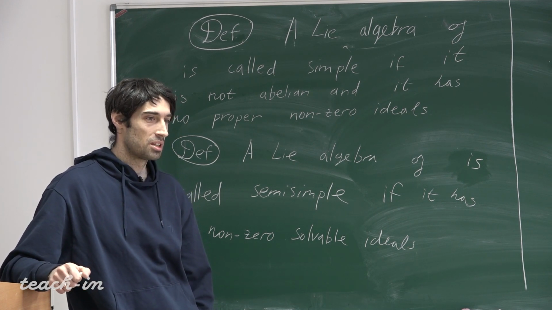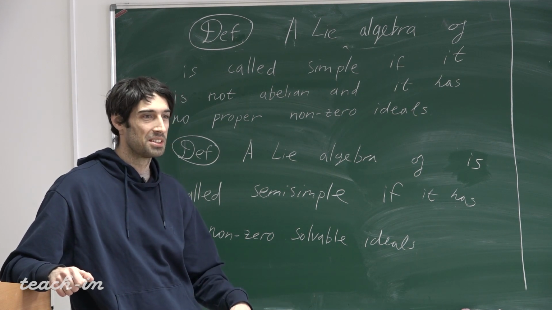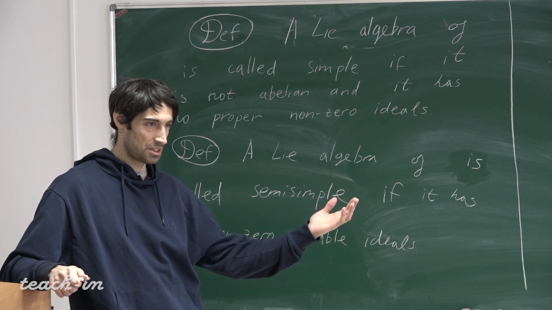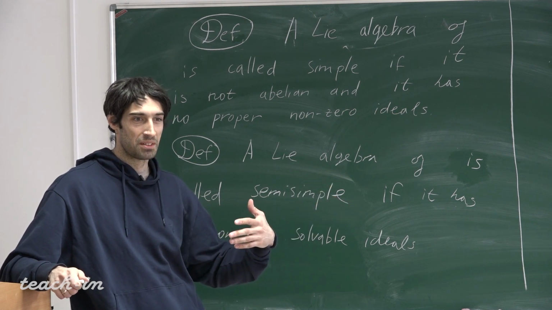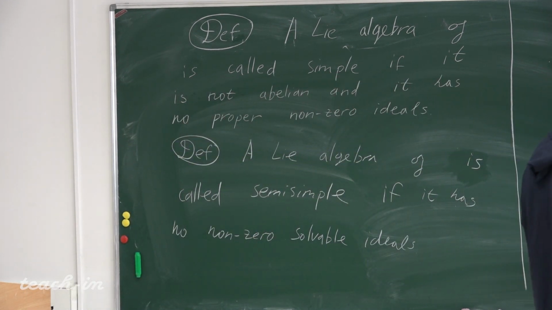Right, so you have some property and semi of this property. So the question is if actually simple implies semi-simple, right? Of course it is the case.